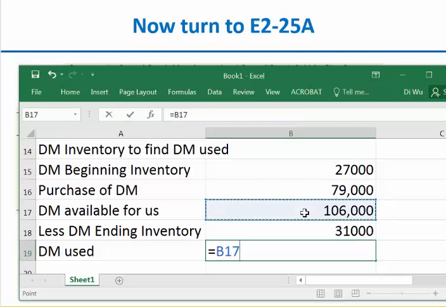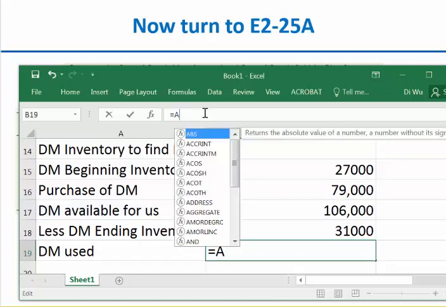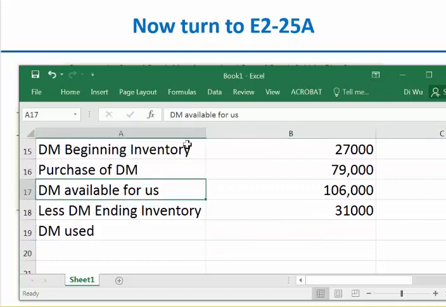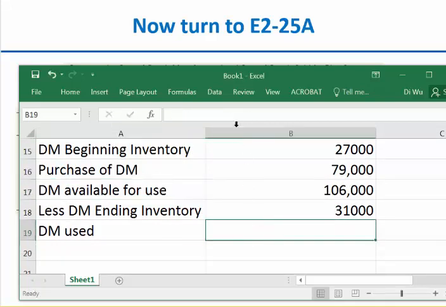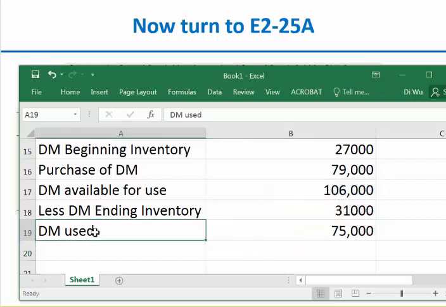I'm going to use DM available for use. Sorry, I think I have to go back here and put the E here. So now I'm going to use direct materials available for use minus the ending inventory. So the result is the cost of the direct materials used in the manufacturing, which is 75,000.